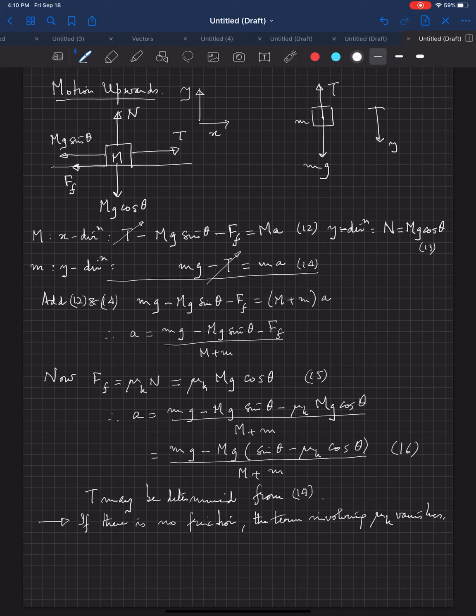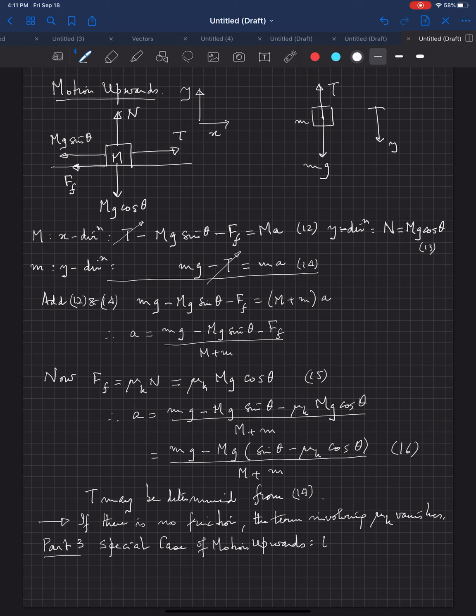And finally, there is part 3, and I believe I should be able to squeeze it in here. This is a special case of motion upwards. All the stuff that I just described to you above. And I want to talk about the special case in which there's no incline.